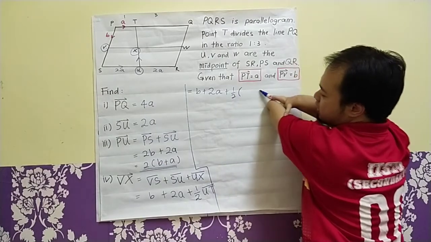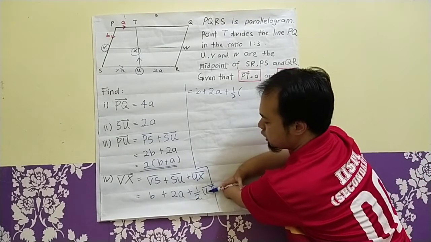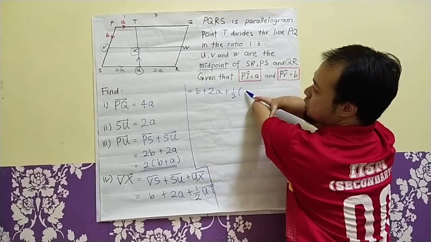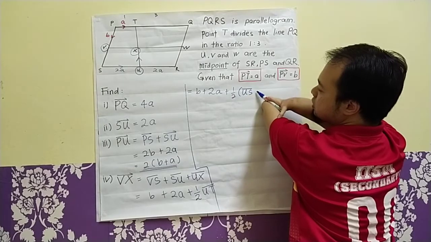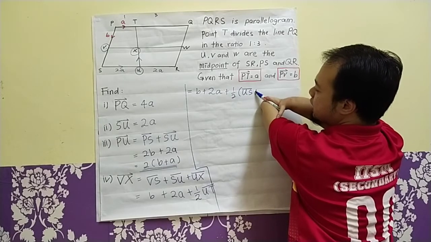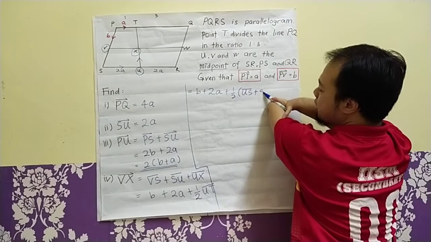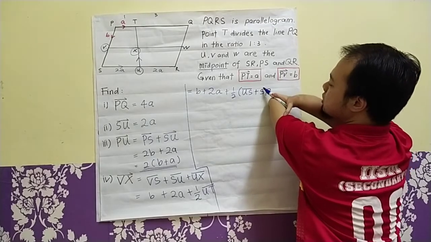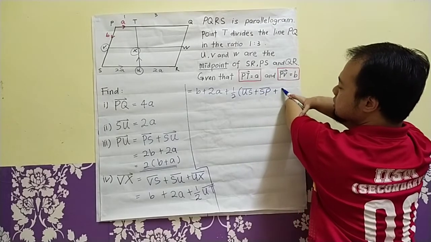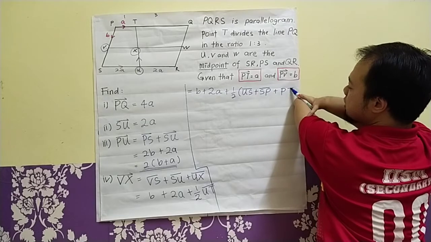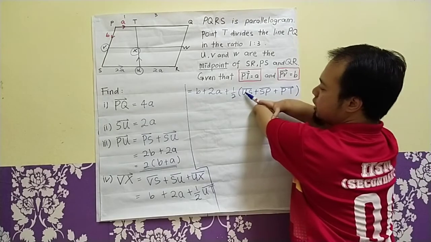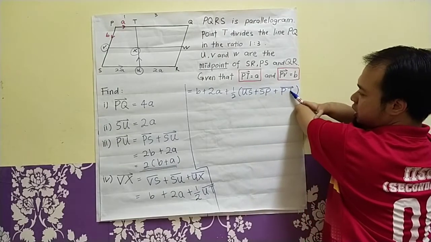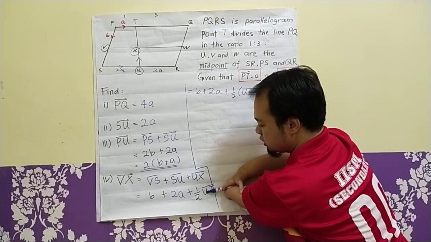This is the path to get UT. So we will go US plus SP plus PT. You see, US, SP, PT, that is equivalent with UT.